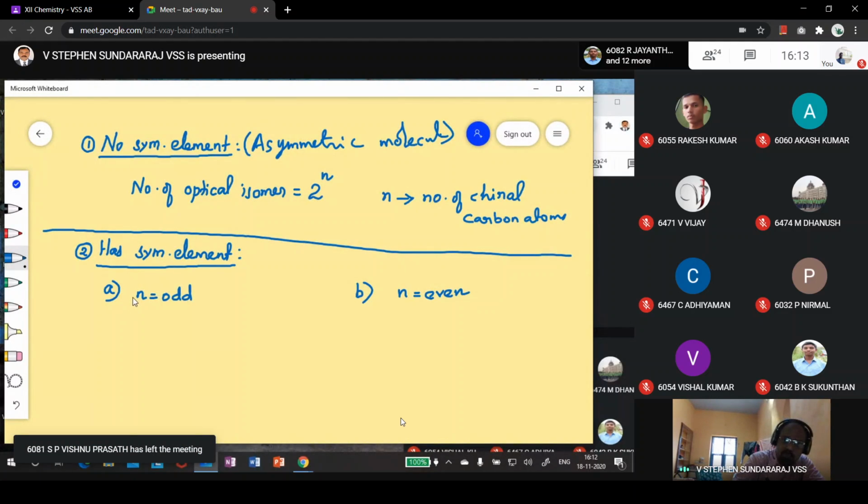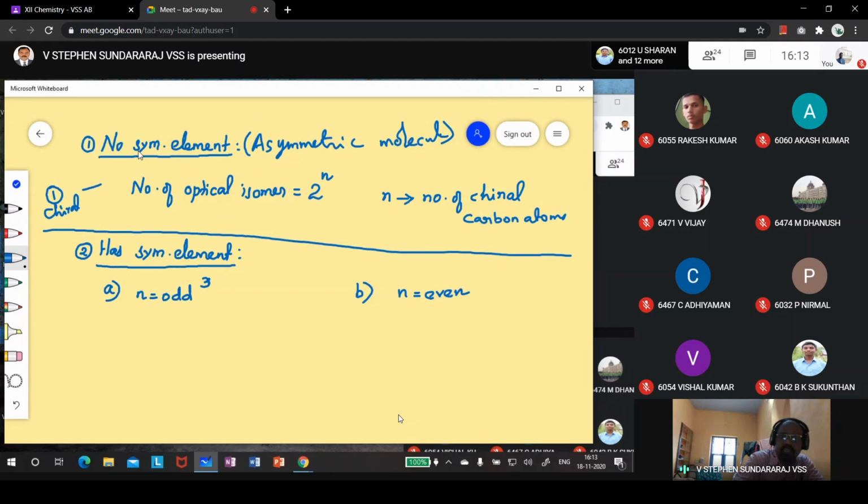One is that the number of chiral carbons will be an odd number. I start from three, because one is already covered. Whenever a molecule has only one chiral carbon, it is always in the first category. It will never have symmetry.